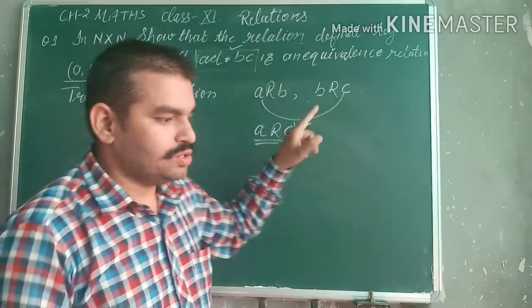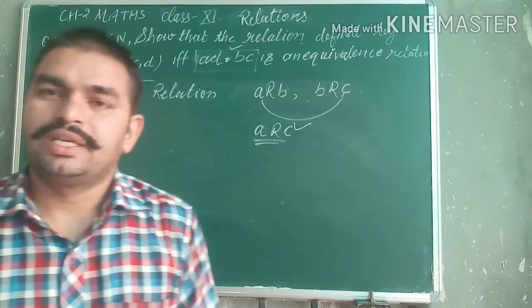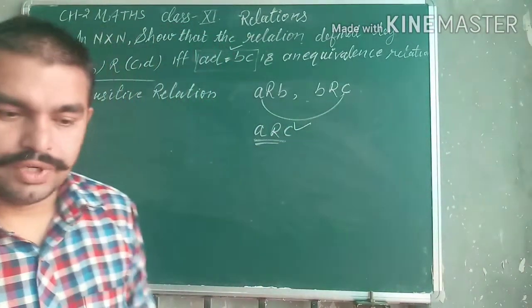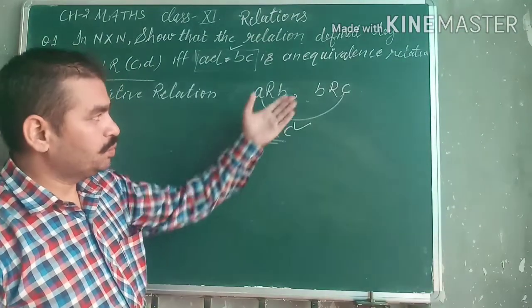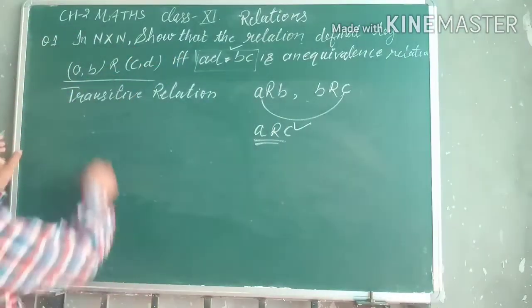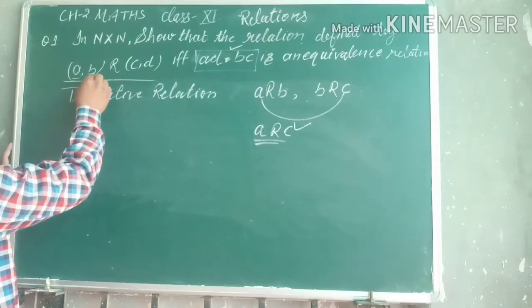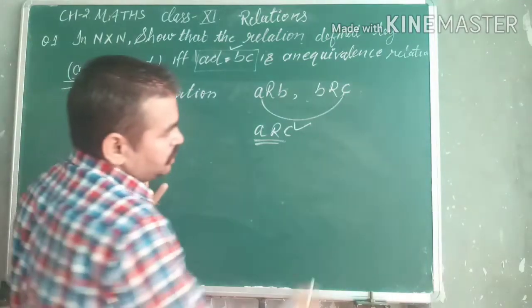If it does not hold, then we cannot say that it is transitive. So first you have to think how you are going to prove that. There are two conditions, (a, b) and (c, d). The third relation, C, we need.